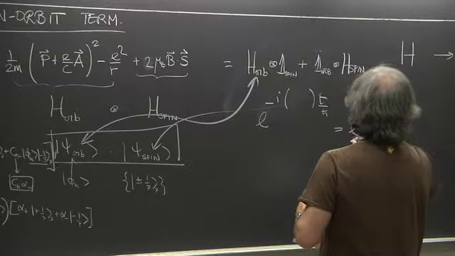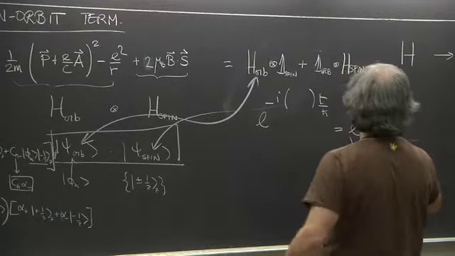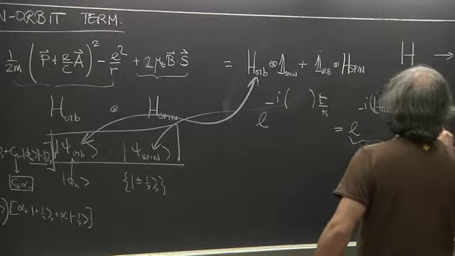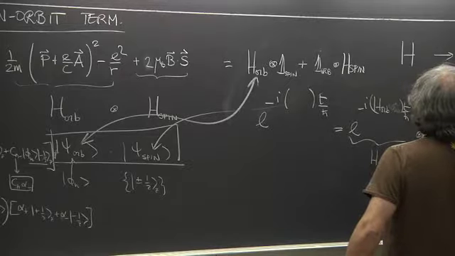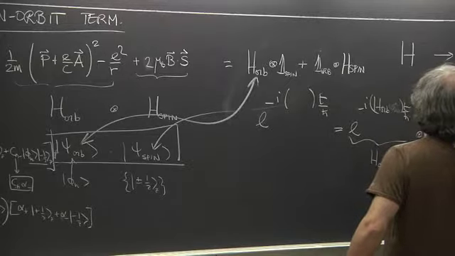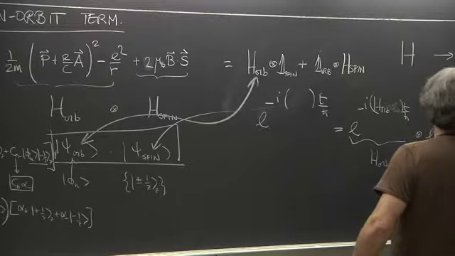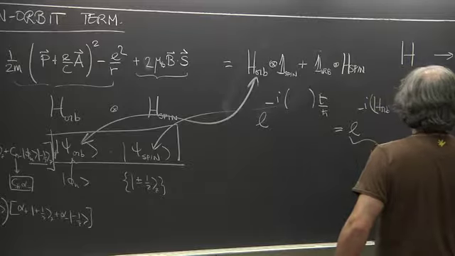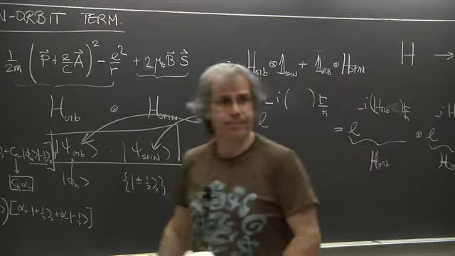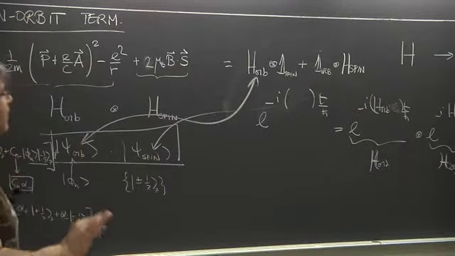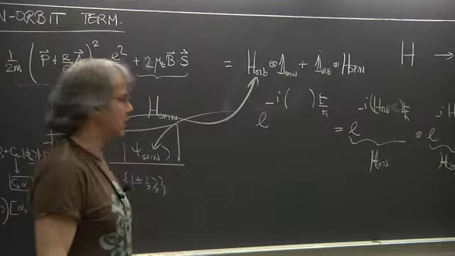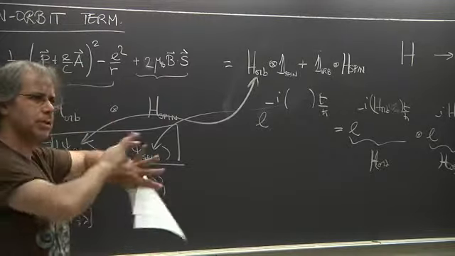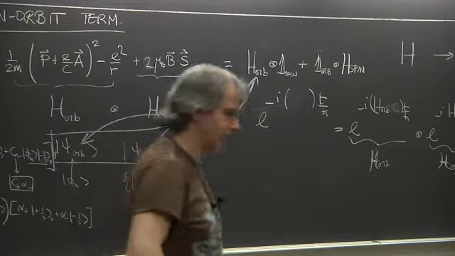So this acts in the orbital Hilbert space, times e to the minus i, the spin Hamiltonian t over h bar, which lives in the spin Hilbert space. Is this clear? So if the Hamiltonian is of this type, you can always think of the two worlds being separate. Study the spin, study the orbit, and do two problems separately.